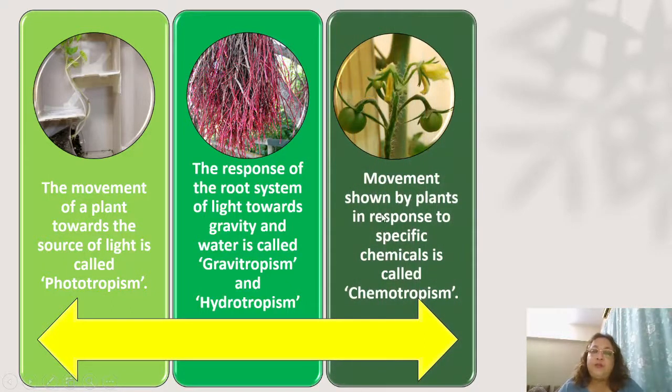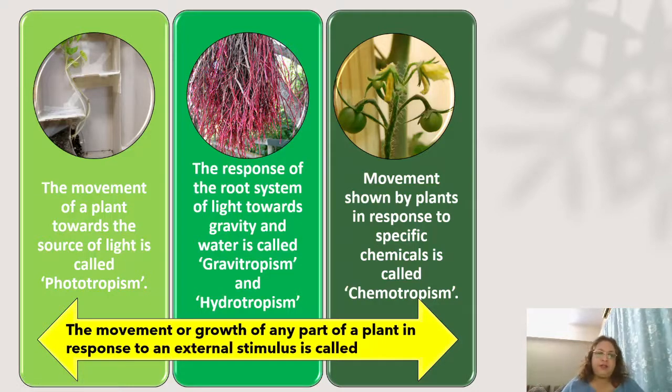There is also a movement shown by plants in response to certain chemicals. That is called chemotropism. The movement or growth of any part of a plant in response to a stimulus from outside is called tropic movement or tropism.